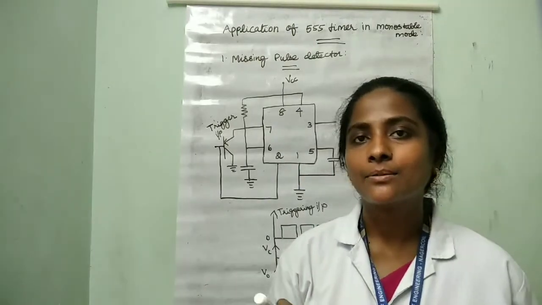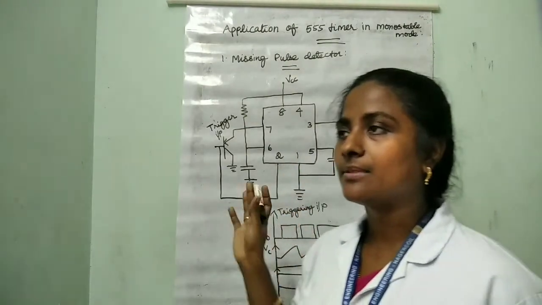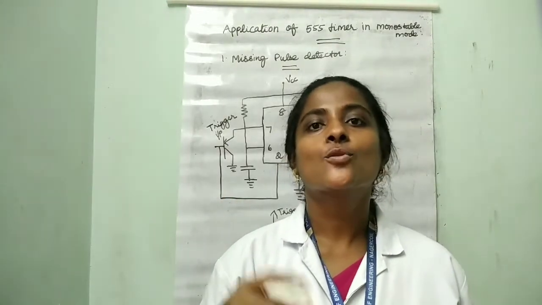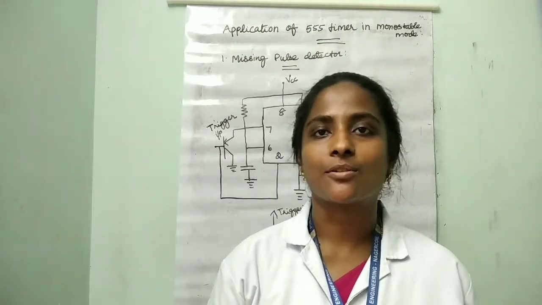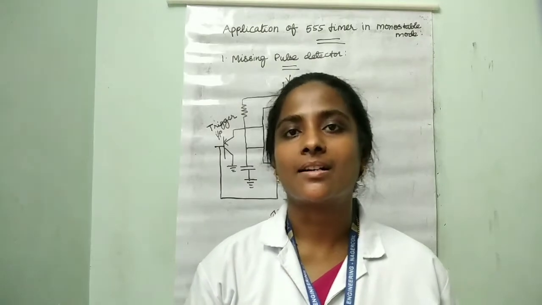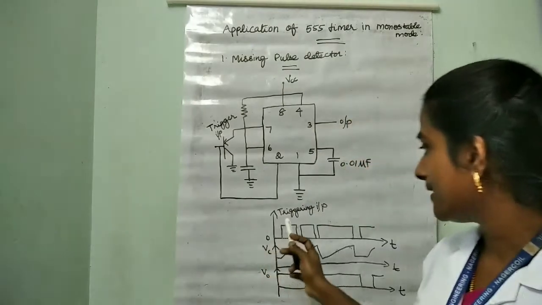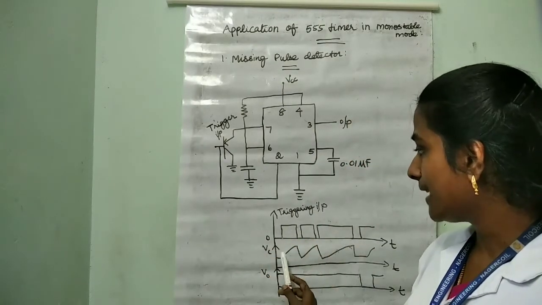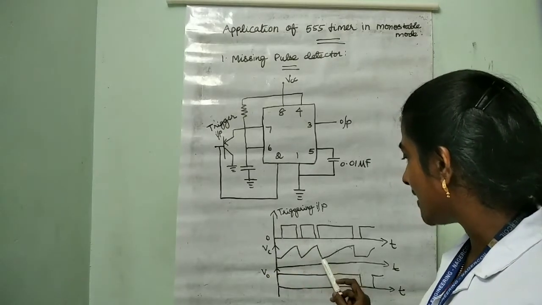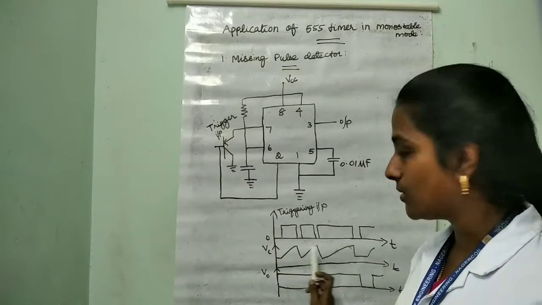So we have studied the missing pulse detector. It is mostly used in hospitals to detect a missing heartbeat pulse for a heart patient. See this waveform: this is the triggering input, this is the capacitor voltage waveform as it charges and discharges, and this is the output voltage waveform.